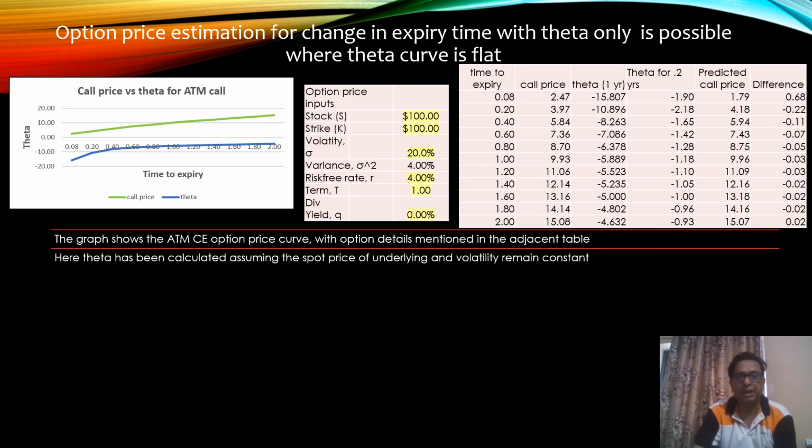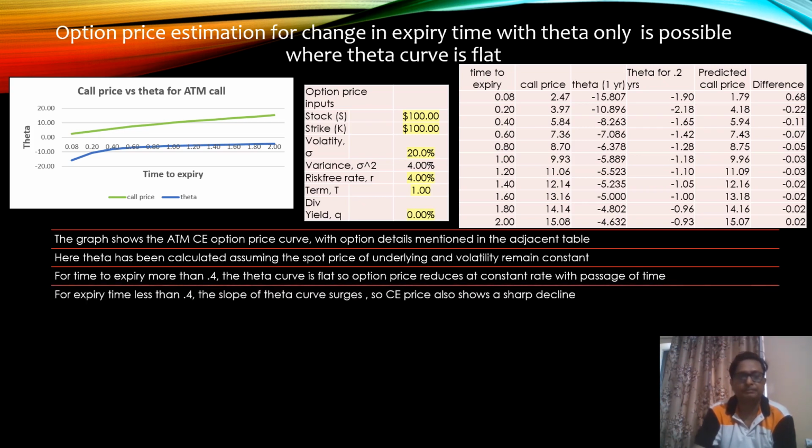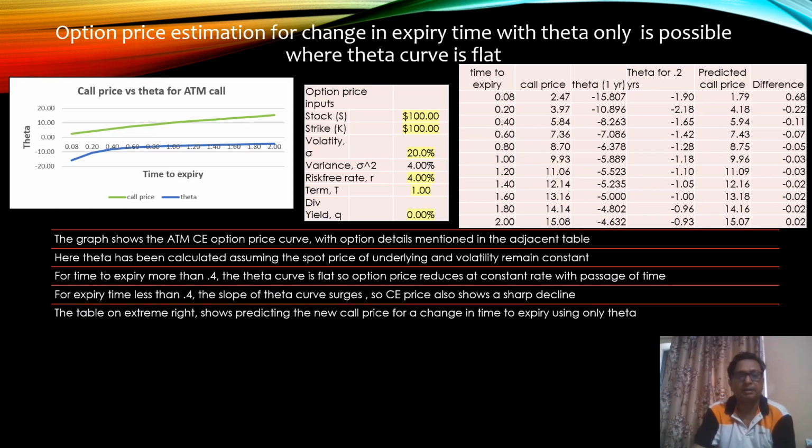Here the theta has been calculated assuming the spot price of the underlying and volatility remain constant. For time to expiry more than 0.4, the theta curve is flat, so the option price reduces at a constant rate with passage of time. For expiry time less than 0.4, the slope of the theta curve surges, so the call option price also shows a sharp decline.